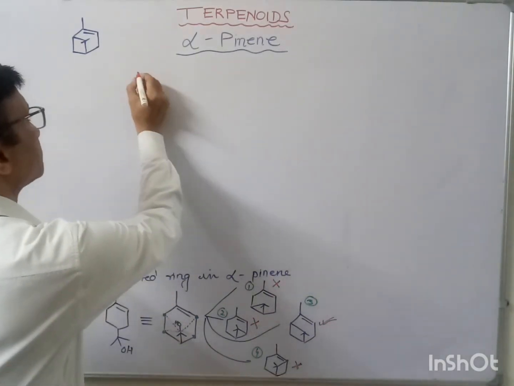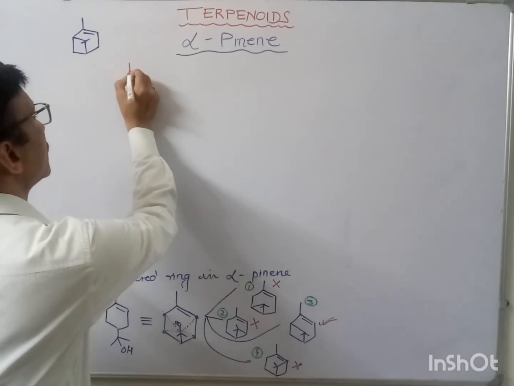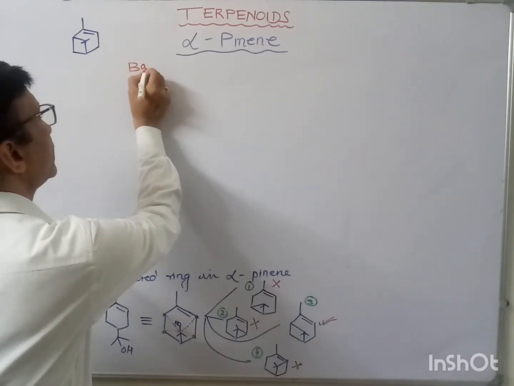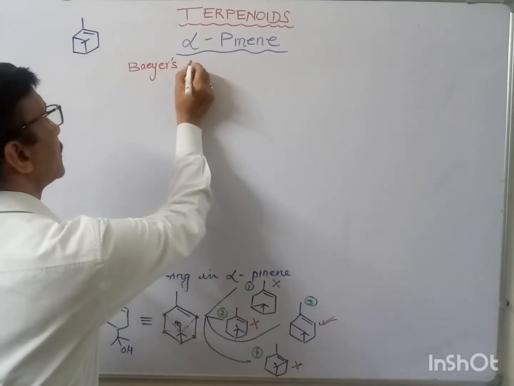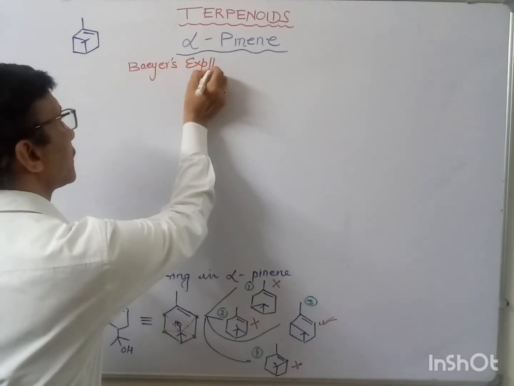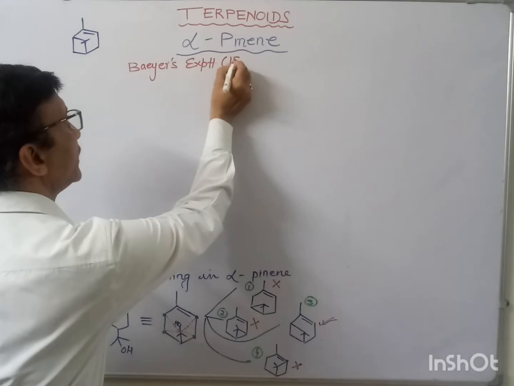So Baeyer's experiment was done in 1896.